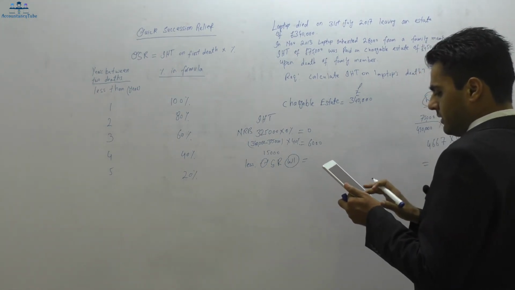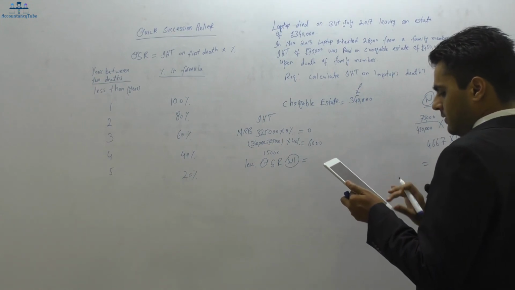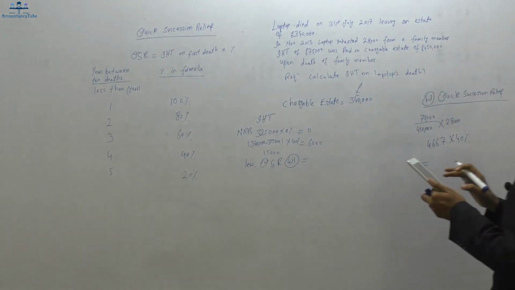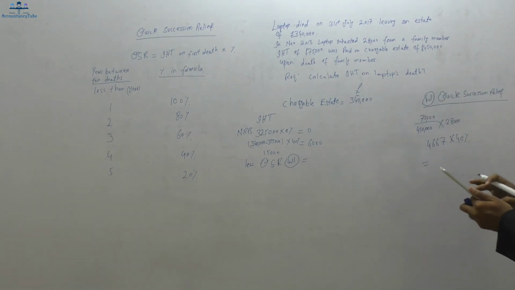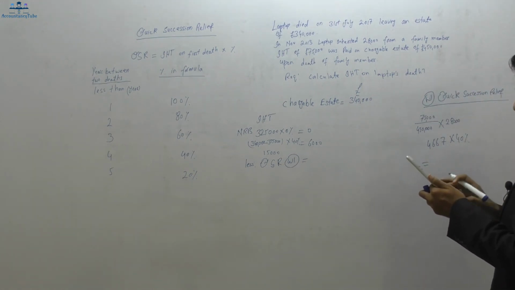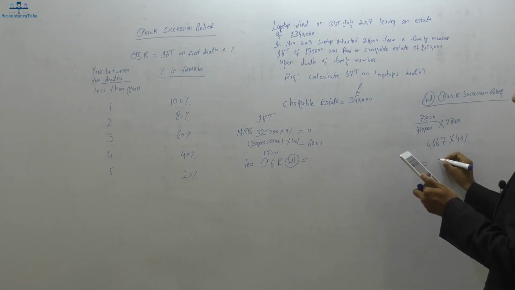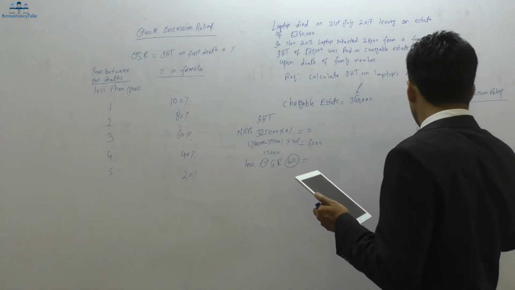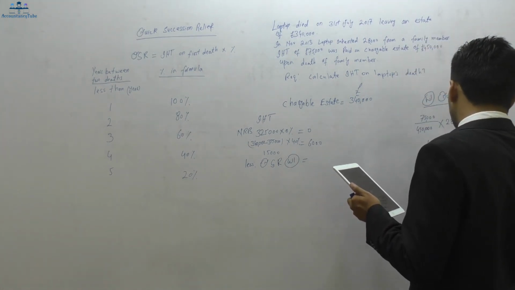Let's see on the calculator. 4667 times 40% is 1867.